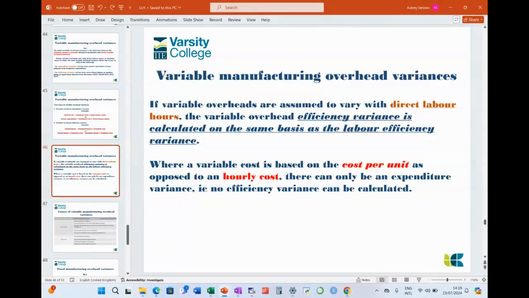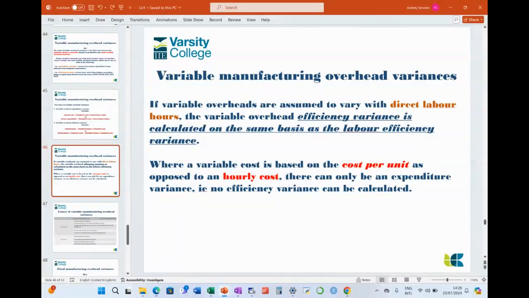So here we're just saying, remember we use an application rate when it comes to our manufacturing overheads. If that application rate is based on direct labor hours, that means when looking at our variance for manufacturing overheads, it will be the labor efficiency variance.